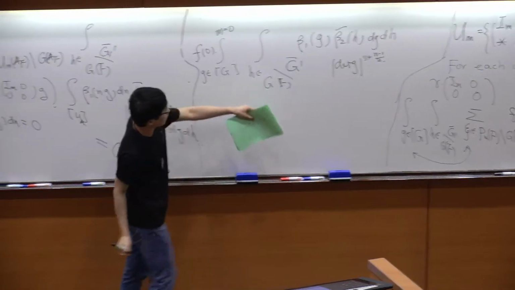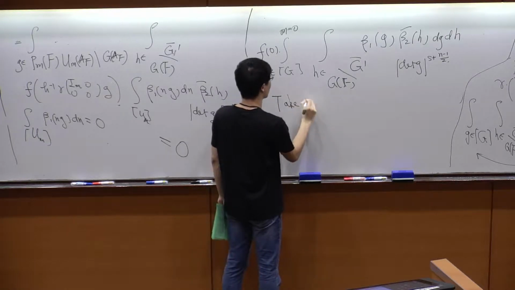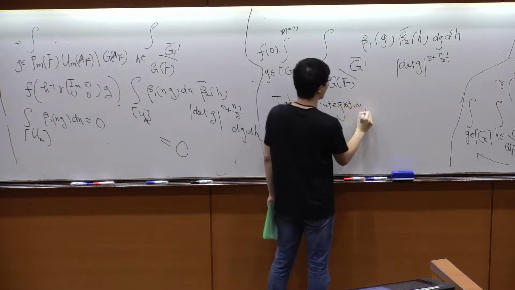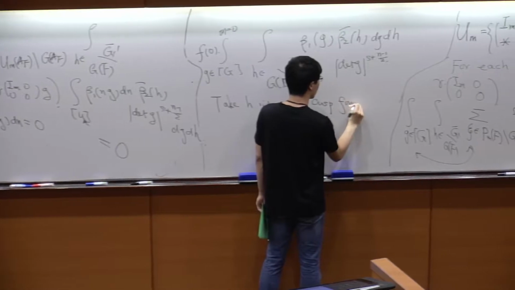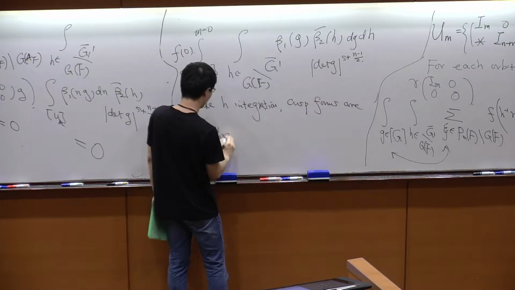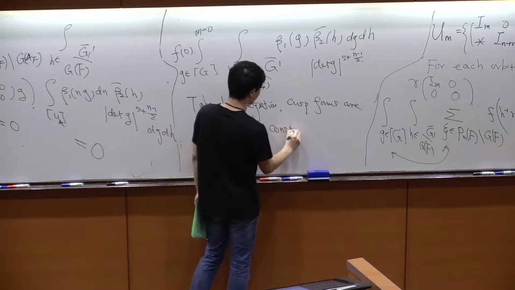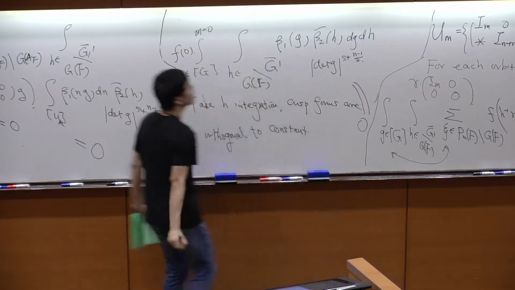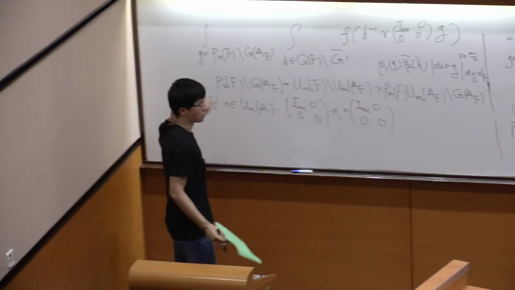Then you simply do the integration in variable h. And they use the fact that the cusp forms are orthogonal to constant functions. Therefore, in particular, this term is also 0. Therefore, we have shown that the boundary terms are 0 in the original zeta integral.